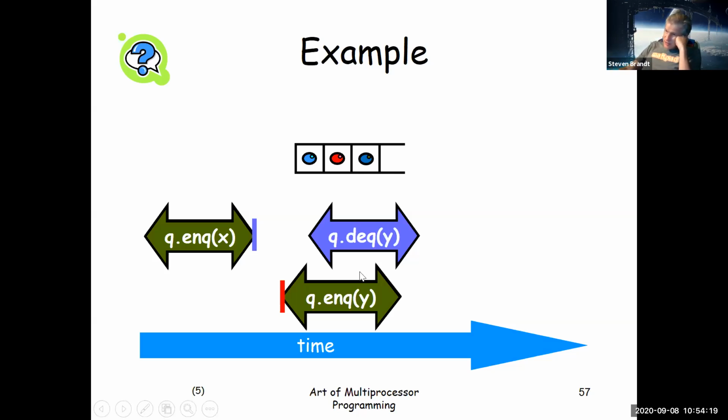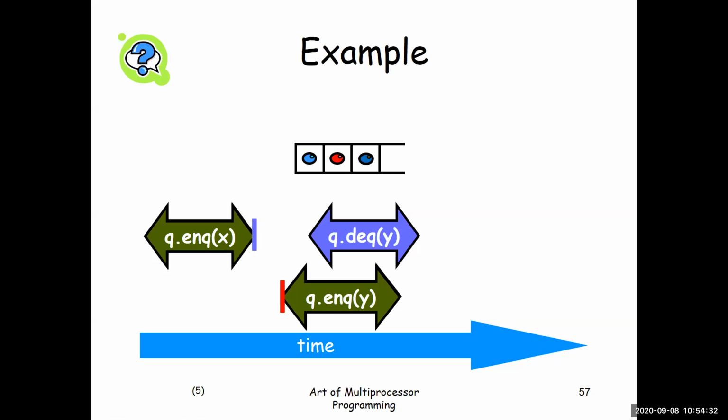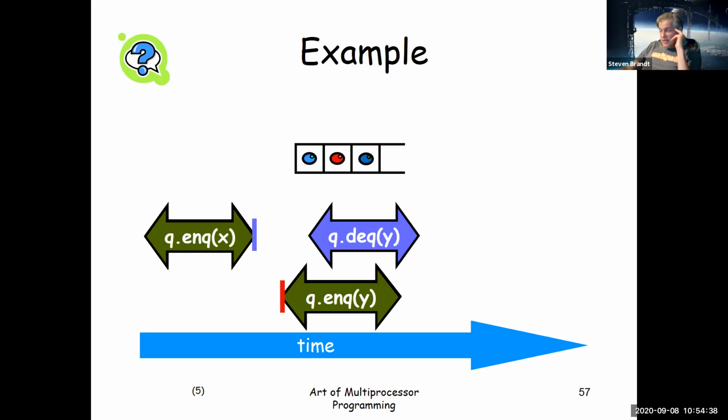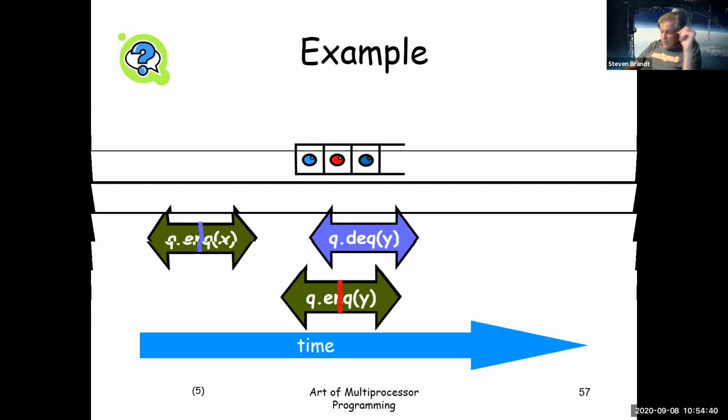Can I choose a linearization point for my Q.DQ method such that this execution makes sense? So you're DQing Y while you're NQing Y? Those two things are overlapping, but okay, so let me just back up and describe it again.